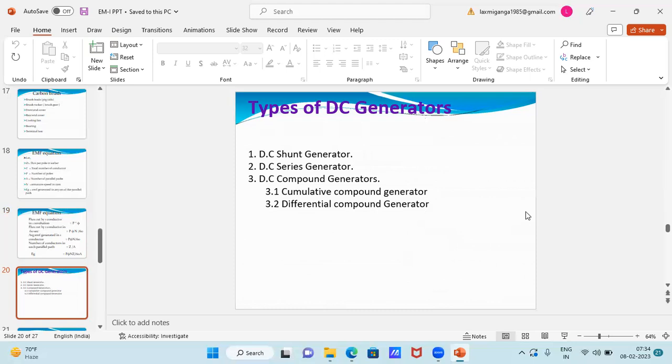The self-excited generators are again classified into DC shunt generator, DC series generator, and DC compound generator. DC compound generators are again divided into two types: cumulative compound generators and differential compound generators.